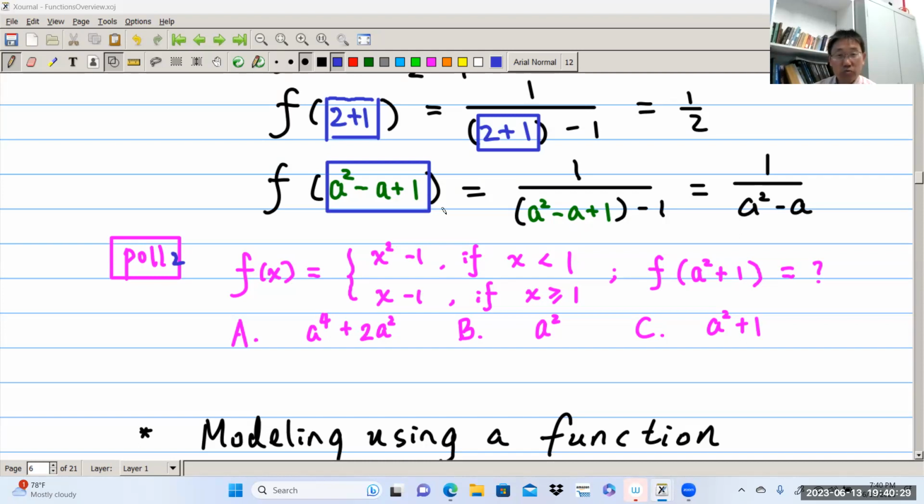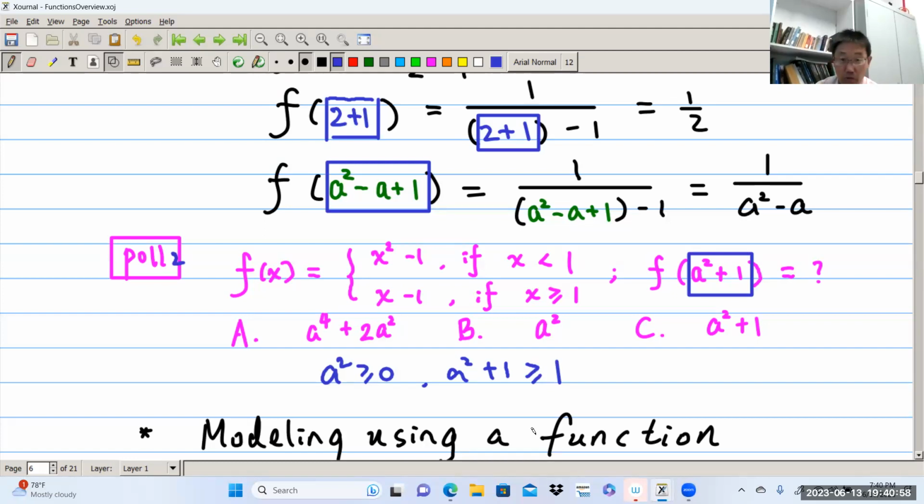So in this case, the input to this function is this expression a squared plus 1. As I said, we consider real expressions, a represents a real number. Then we know a squared is always non-negative, right? So that means a squared plus 1 would be greater than or equal to 1. You add 1 to something greater than or equal to 0, and you get something greater than or equal to 1.